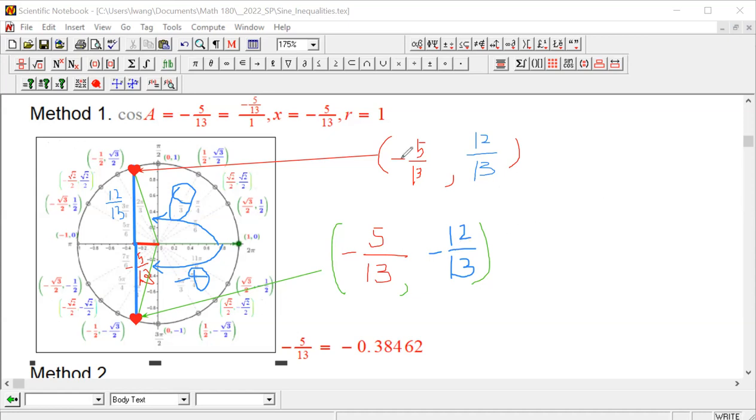So theta can be represented as arc cosine of negative, okay, I'm going to even use the red number, -5/13.